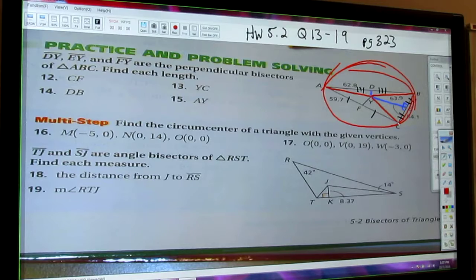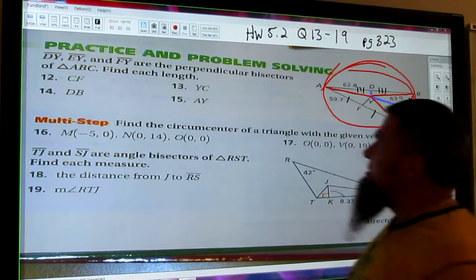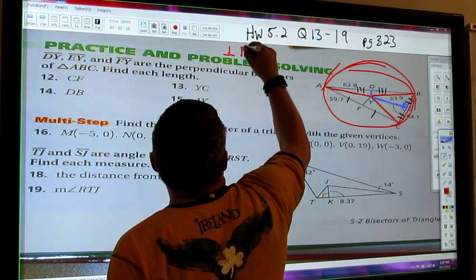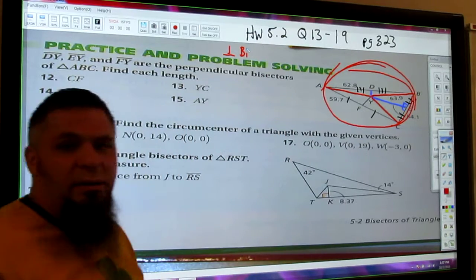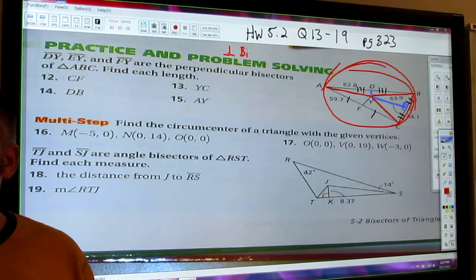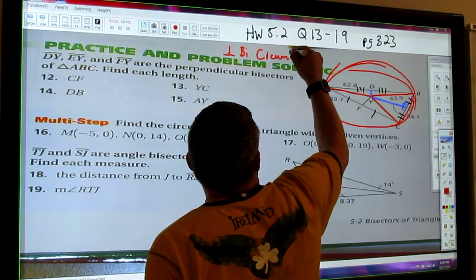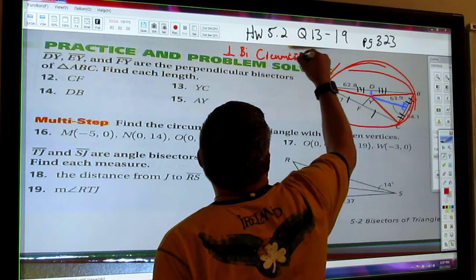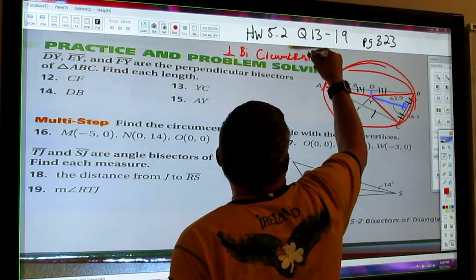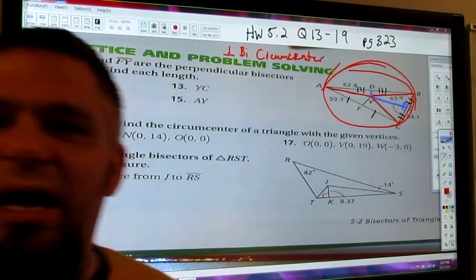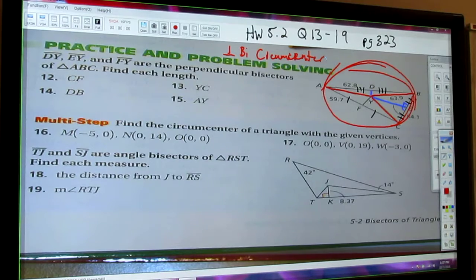And this is that whole circumcenter thing. In other words, what I told my students last year, if it's a perpendicular bisector, then it creates a circumcenter. And a circumcenter has radii that are equal to each other, right?